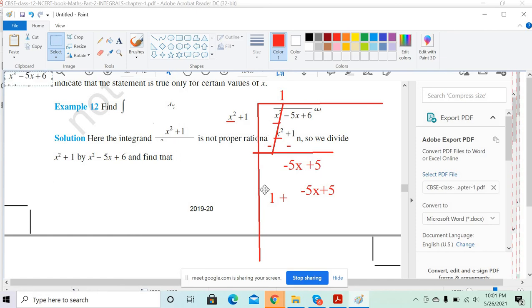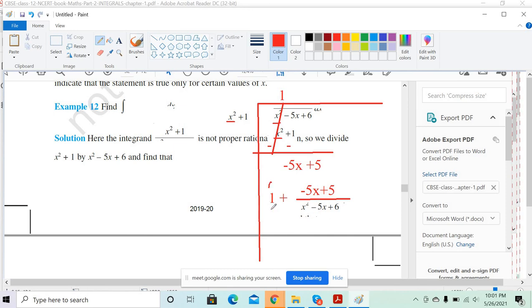Got it now? Done. So this term came in the form of a partial fraction, because the degree is 2 in the denominator and degree is 1 in the numerator.